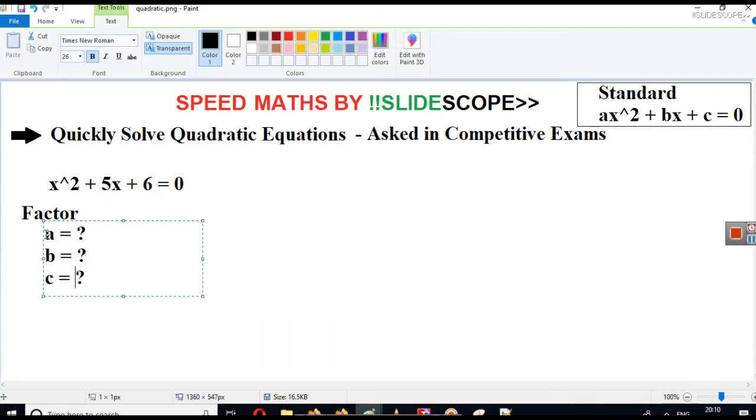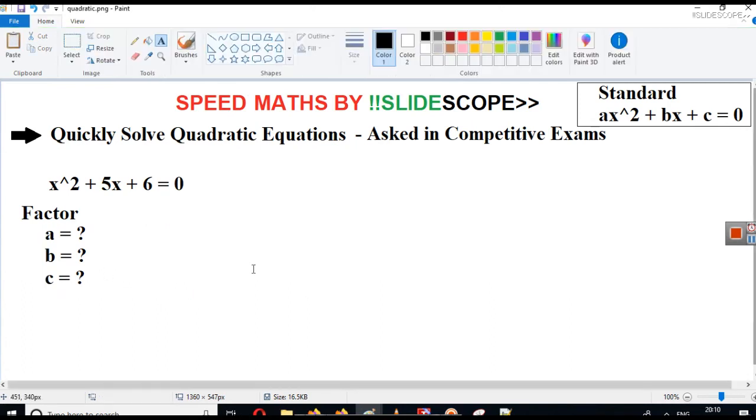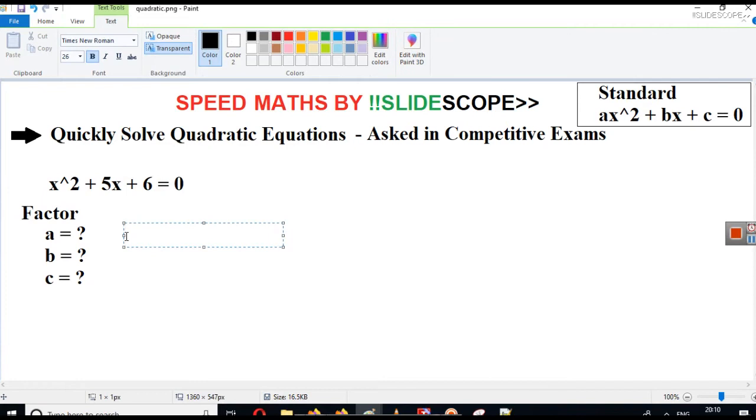Otherwise, you can skip this part and move forward, or it will be a quick revision for you. So here in our case, the equation given is x square plus 5x plus 6. In our case, a is equal to 1, b is equal to 5, everything is positive here, and c is equal to 6.